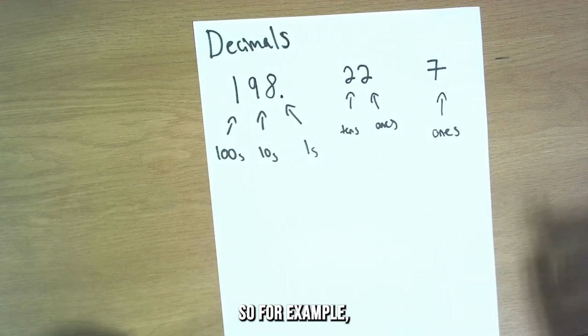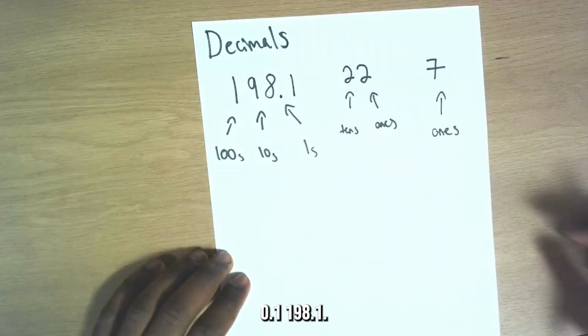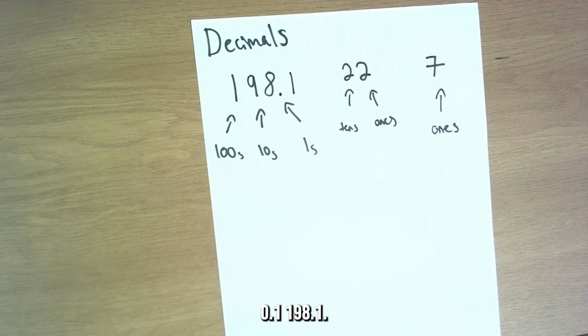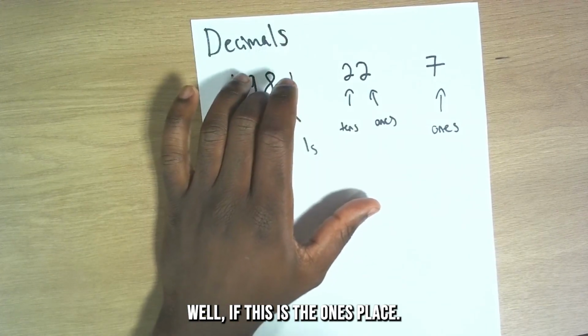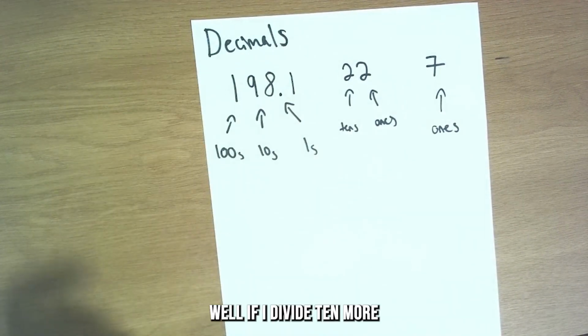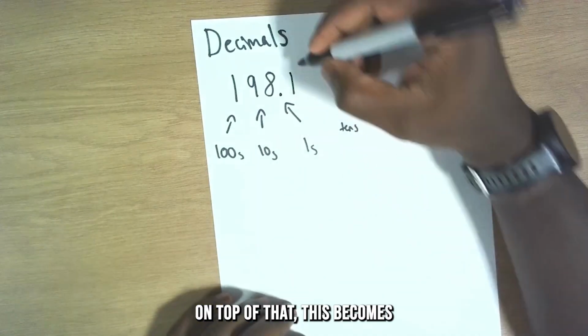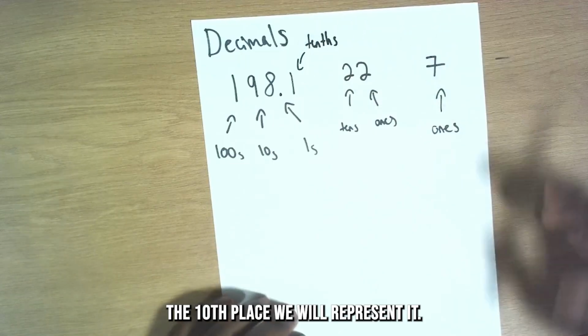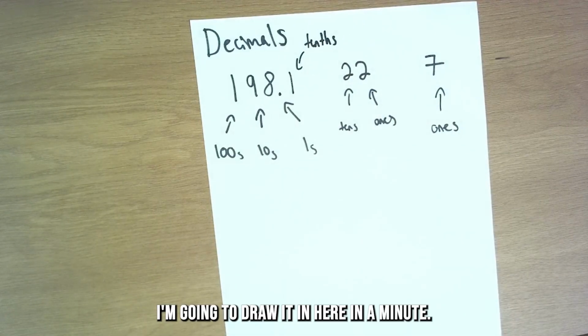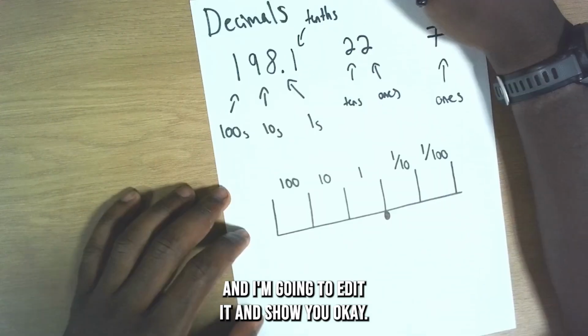So, for example, 0.1, or 198.1. Well, if this is the ones place, and I divide by 10 more on top of that, this becomes the tenths place. I'm going to draw it in here in a minute, I'm going to edit it and show you.